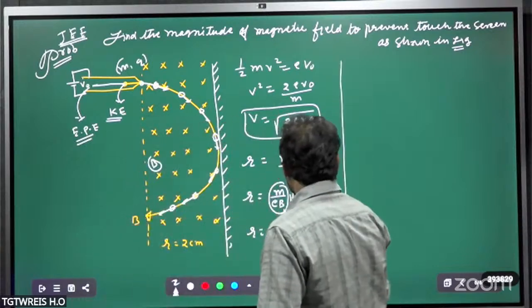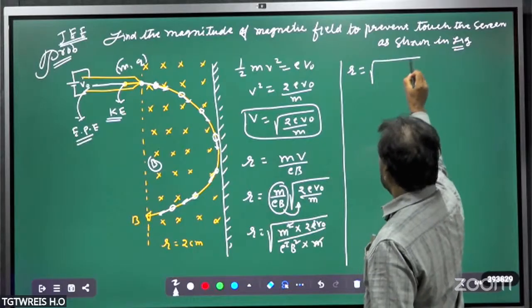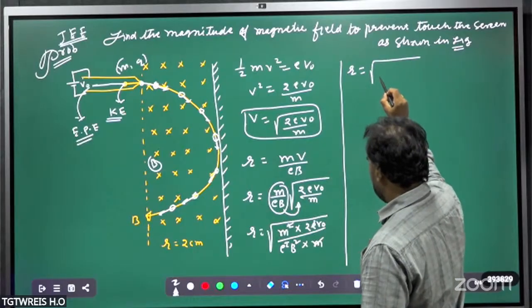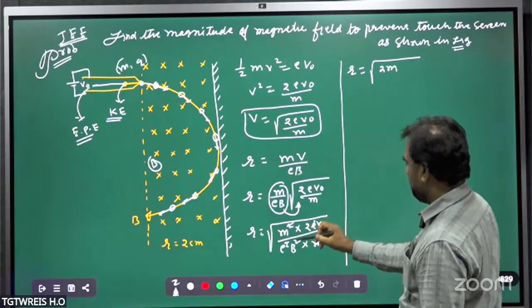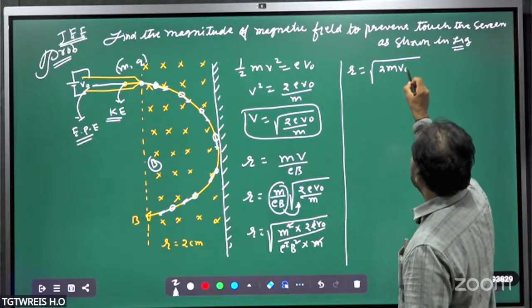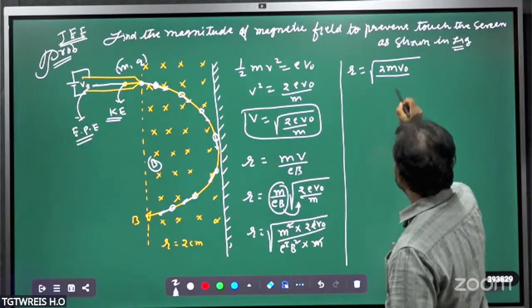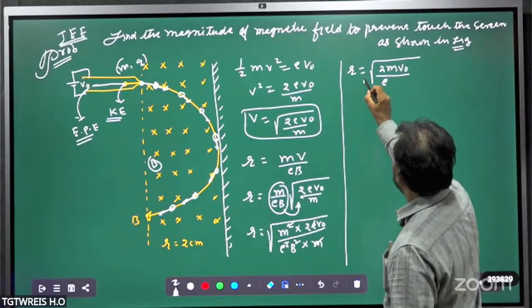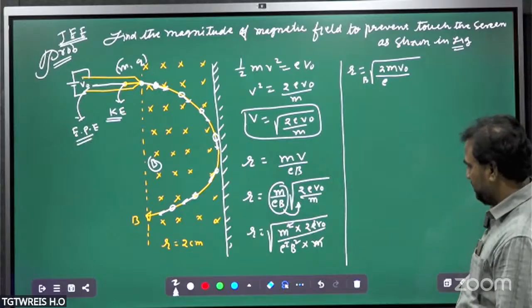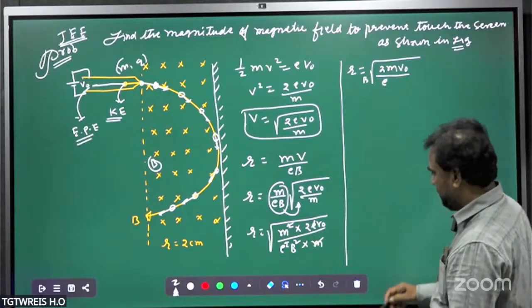The remaining term is R is equal to root over 2mV naught upon e, into B. This B is written outside of the root: R is equal to root over 2mV naught upon e, into 1 upon B.